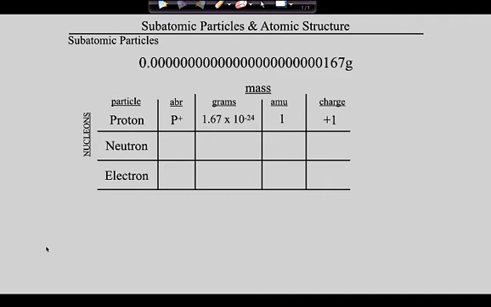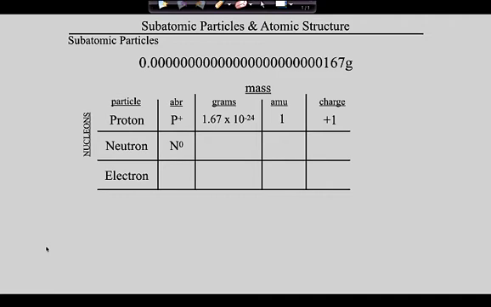Okay, so now let's do the center row, and tell me what you now know from the abbreviation about a neutron. It's capital N0. It's massive. How do you know? It's capitalized. And what does the 0 tell you? It's charge. It is a neutral-tron.